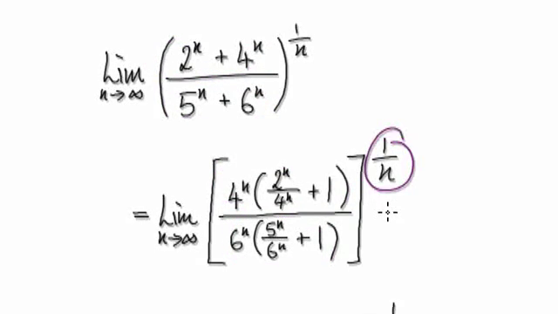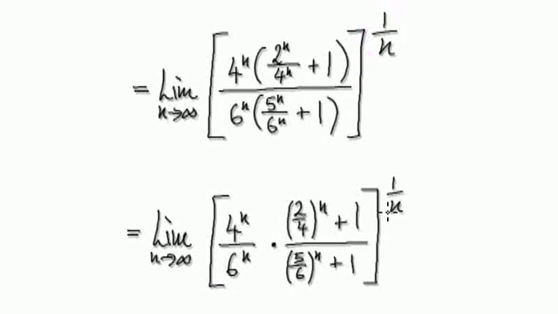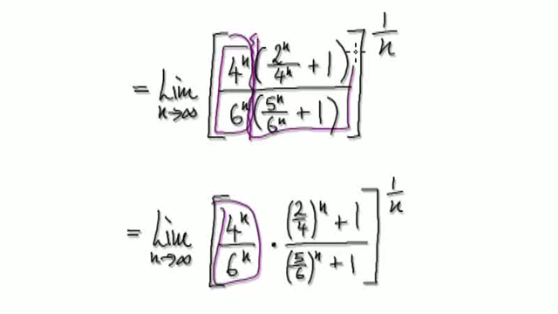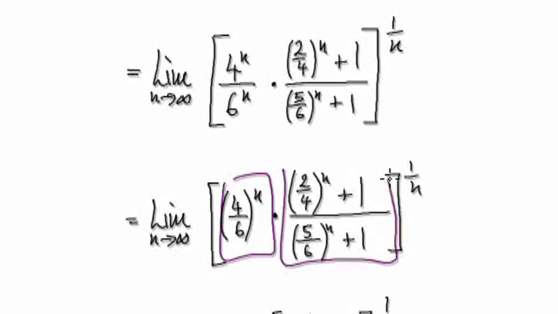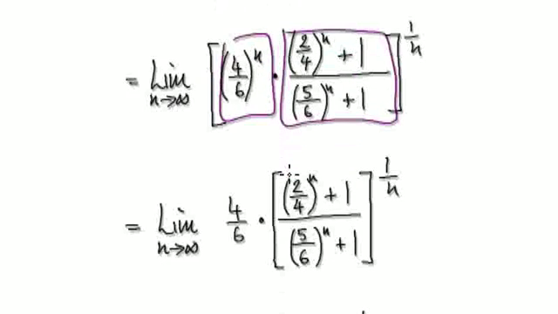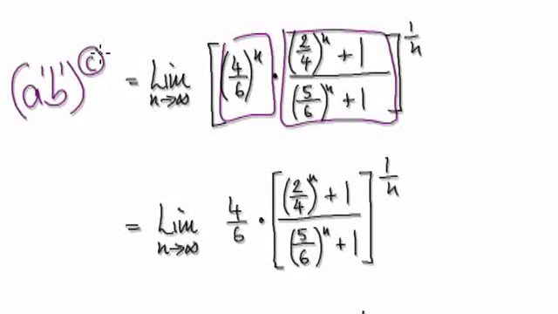So this remains the same. Now break this up into 2 fractions. Here you've got 1 fraction, which is this one, and then this whole thing is another fraction. Then rewrite this as this. So now you've got 1 block multiplying another block. So remember a, b to the power of c. This times this times this.